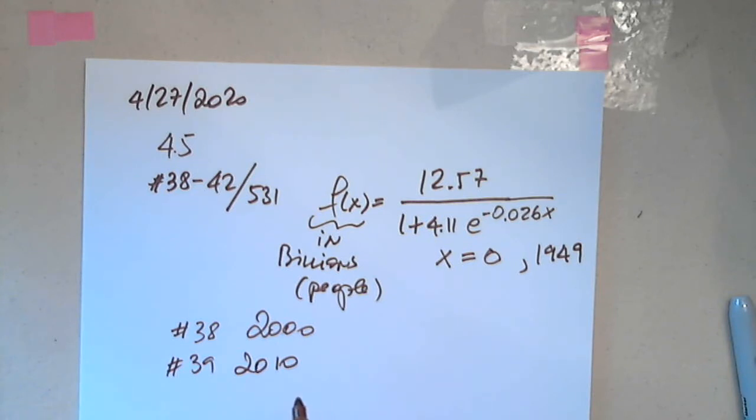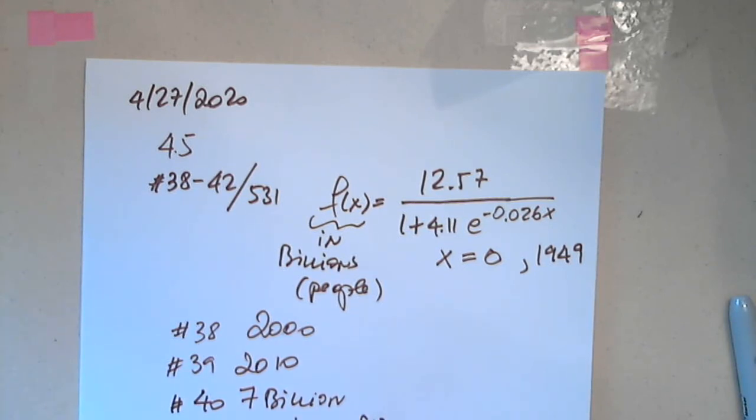When will the world population reach 7 billion? When will the world population reach 8 billion? That's okay, it's the same thing. And then number 42, the limiting size of the population.